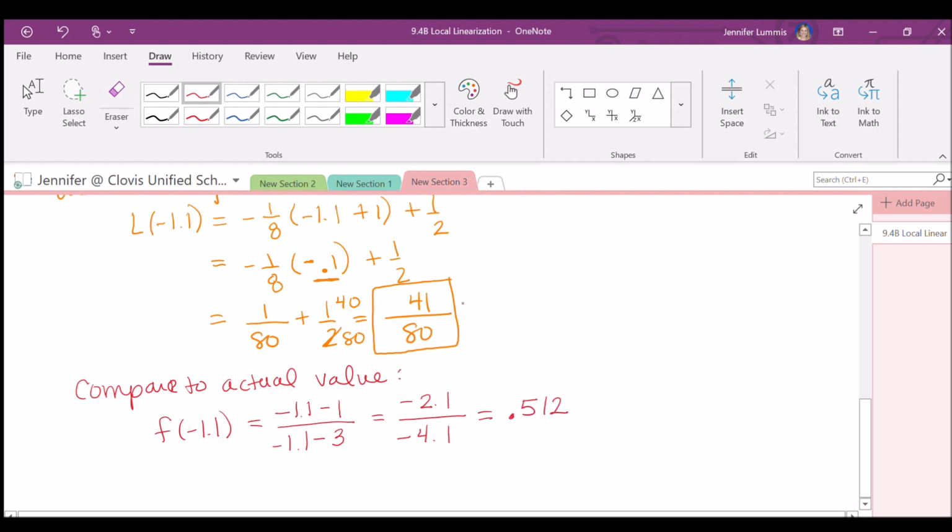If we go back up here to our linearization, 41 over 80. 40 over 80 is almost a half anyway. 41 over 80 is a little bit more. This is 0.5125. If you kept going with f, this follows with a 195 and so on. So you can see it's close enough to approximate without having to use a calculator or any other skills.